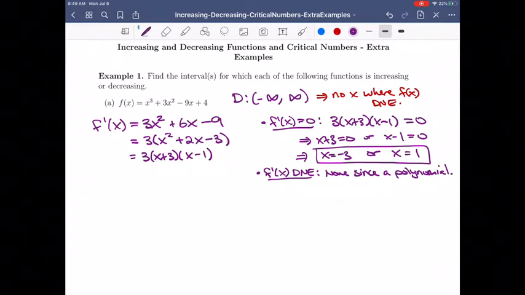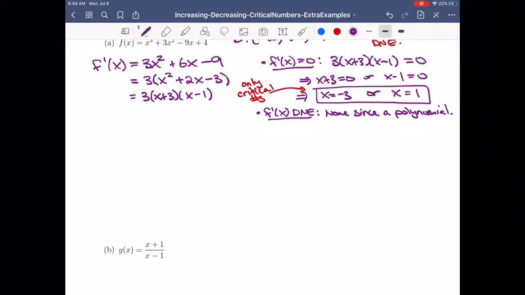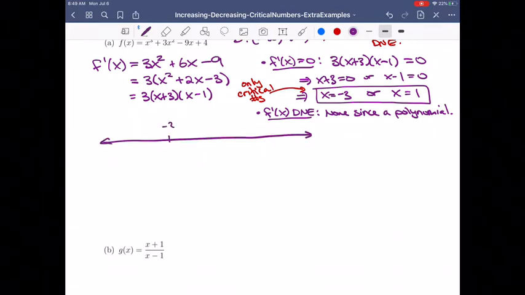So our only critical numbers are negative 3 and positive 1. So we want to break our domain into these intervals. So we do our number line. I'm going to have negative 3 on here and positive 1. So those are where the derivative is 0.